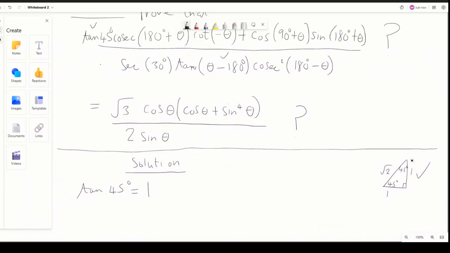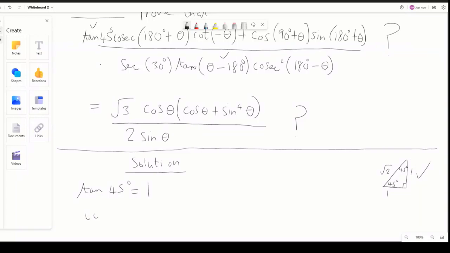Now, let's look at the next factor there, cosec 180 plus theta. So cosec and sine are what we call multiplicative inverses. They're not inverses in the sense of f inverse of x equals x, not in that sense. Here they are just multiplicative inverses. If the sine of an angle is a half, the cosec is 2. If the sine of an angle is 1/3, the cosec of that angle is 3. You understand that?